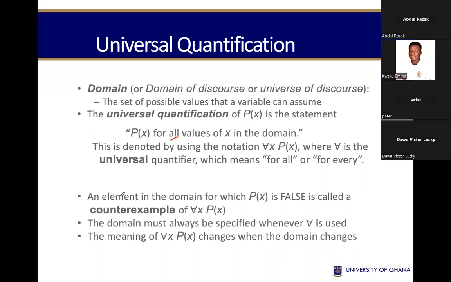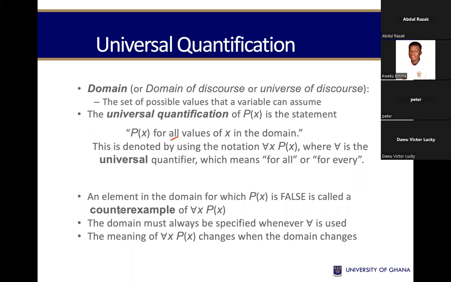We want to be sure that every member in the domain is captured. In other words, if we want to find out that everyone is punctual, we are looking at Kofi, Ama, Kweku, everyone. If you come across Ajwa, who is not punctual, then Ajwa becomes a counterexample.